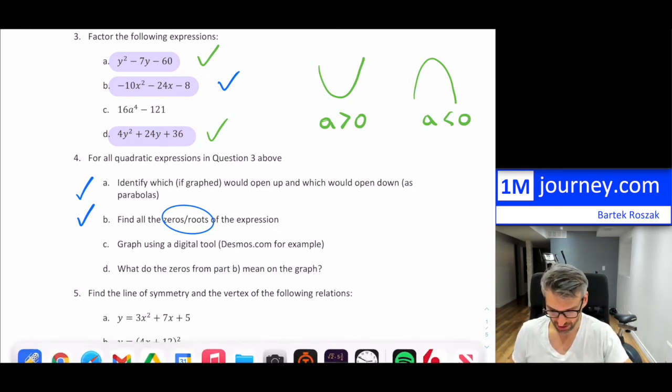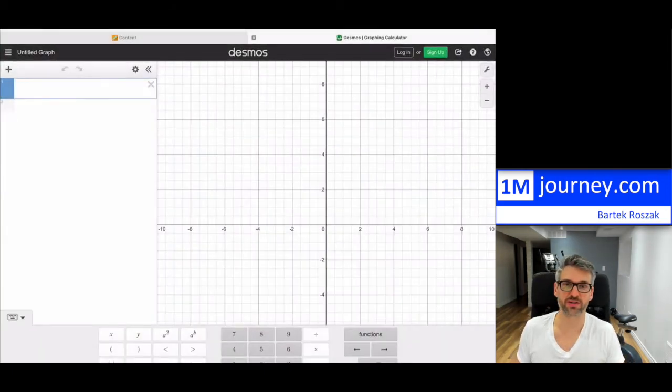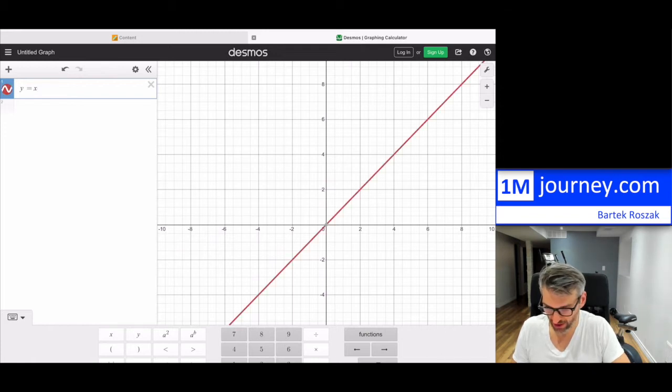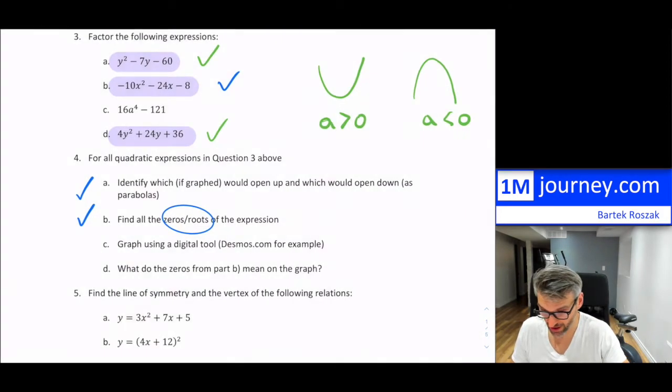I'm going to just change the y to an x to make it a relation for graphing. So x squared, minus 7x, minus 60.